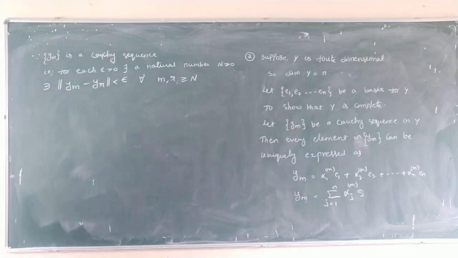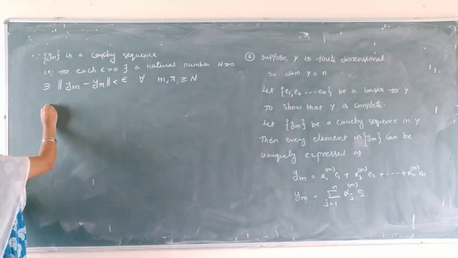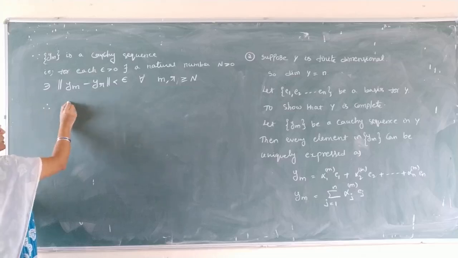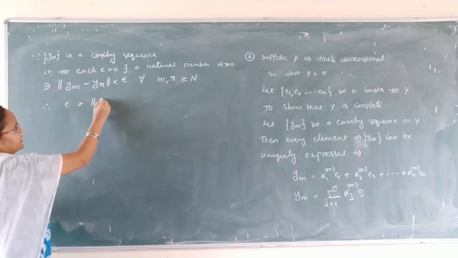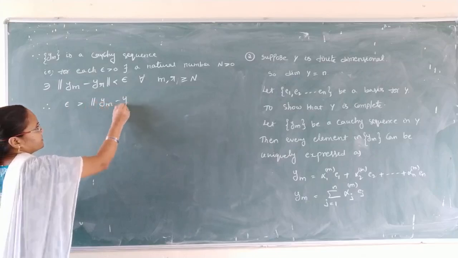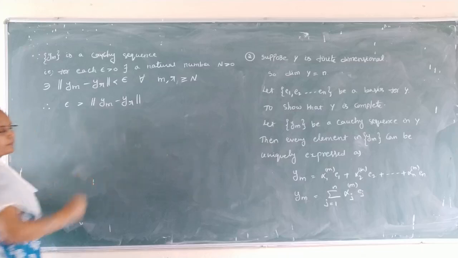Therefore, writing this condition in reverse: epsilon is greater than norm of ym minus yr.